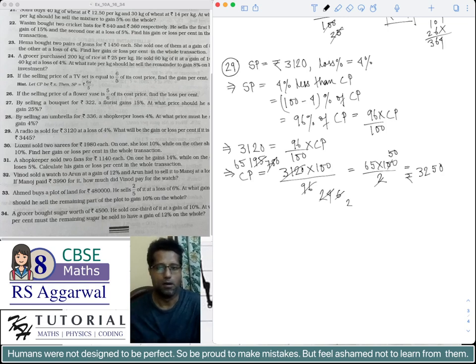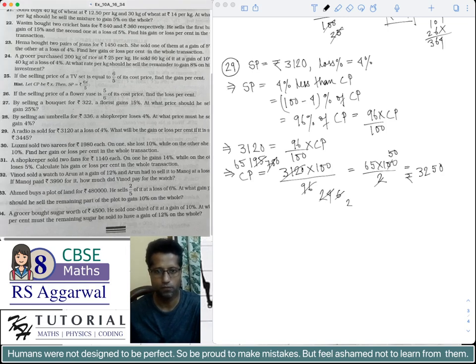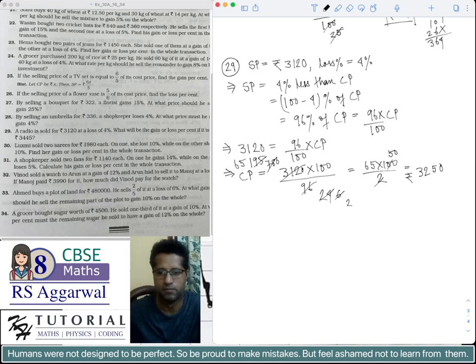Okay. Now the question is what will be the gain or loss percent if it is sold for 3445. So if SP is equal to 3445, we know that 3445 is definitely greater than the cost price, that is 3250. So we will have a gain.